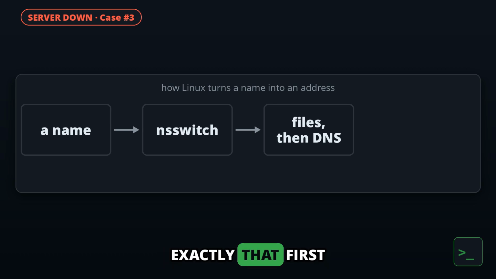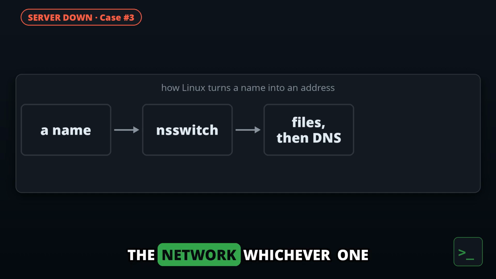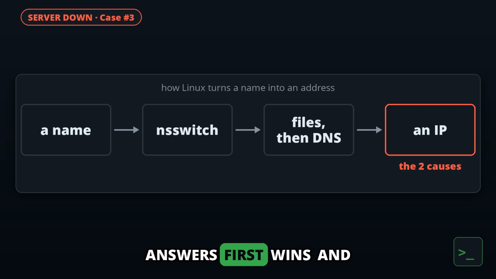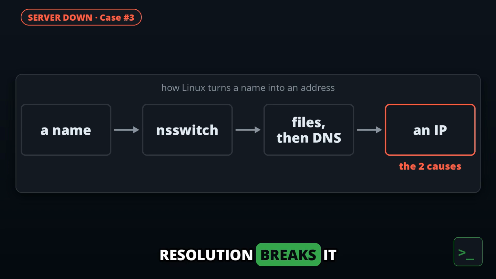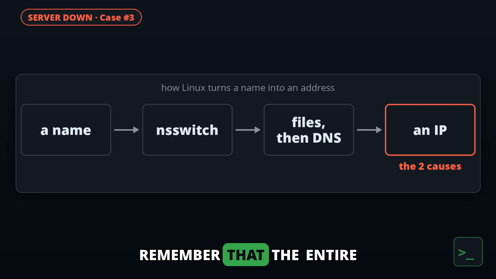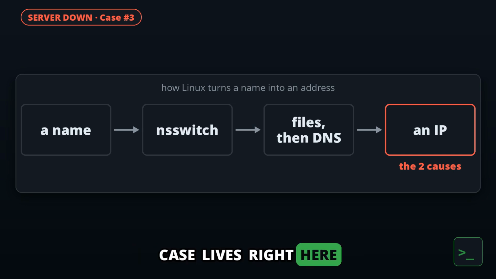Linux does exactly that. First it checks its own little contact list, the hosts file. Then it asks DNS, the name servers out on the network. Whichever one answers first wins, and you get back an address. That's the whole thing. So when name resolution breaks, it breaks in exactly one of those two places. Remember that. The entire case lives right here.